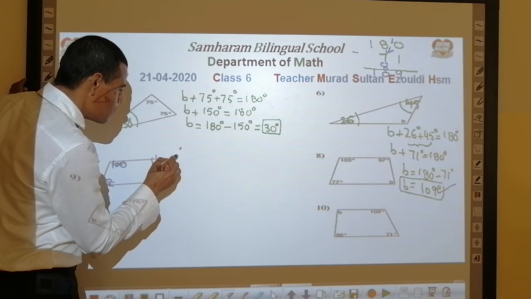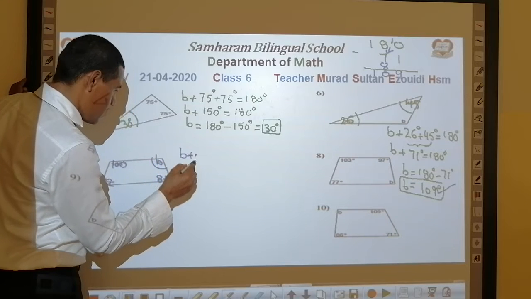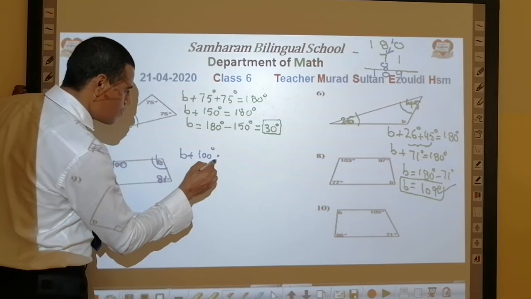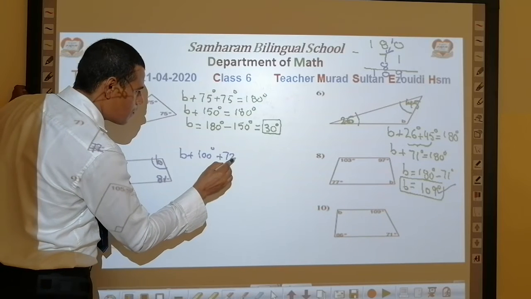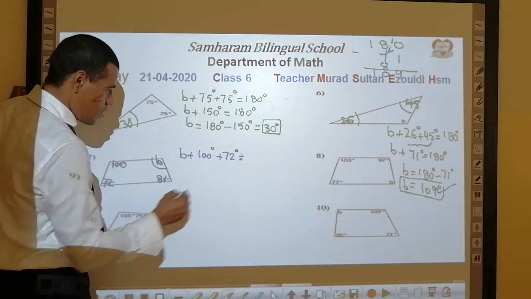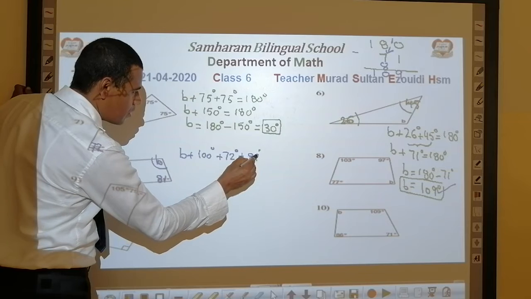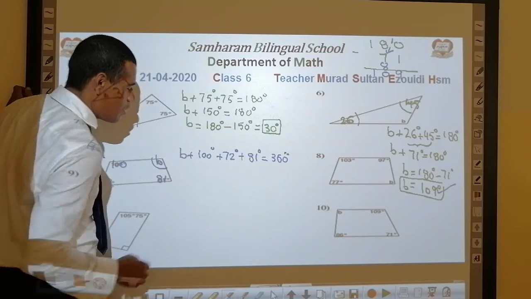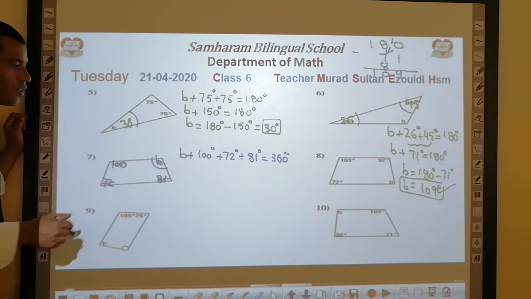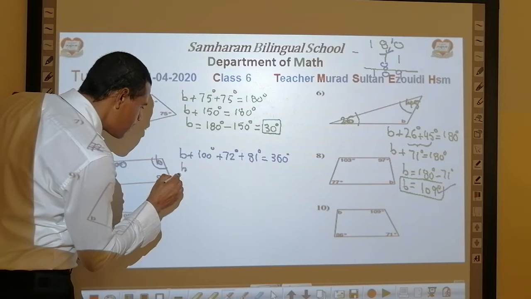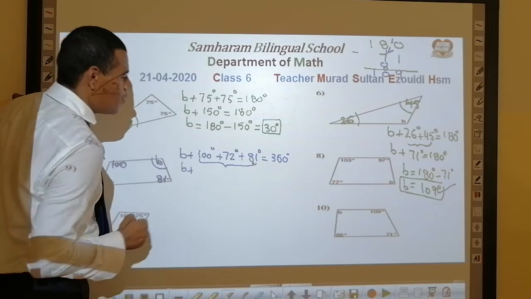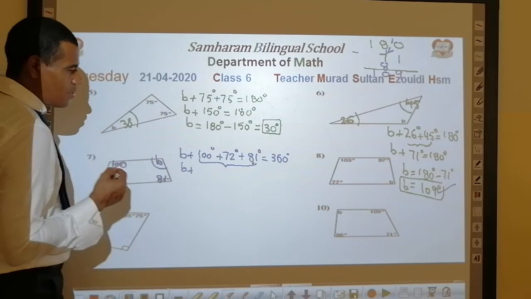Good boy. So B plus 100 degrees plus 72 plus 81 degrees equal what? Equal 360 degrees. Okay, why? Because it's a quadrilateral.